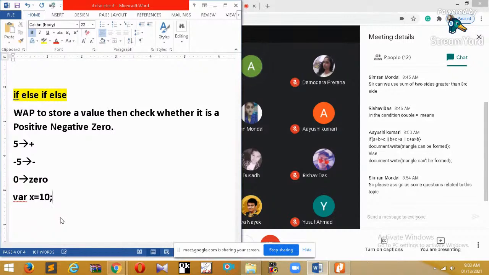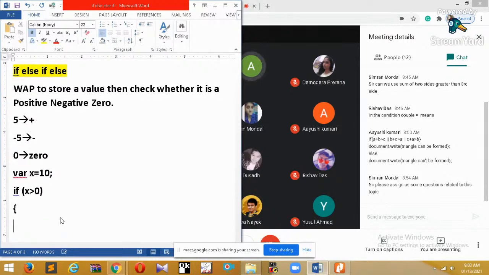Now I'll write the first condition: if x greater than 0, then document.write positive. As we know, a positive number means greater than 0.